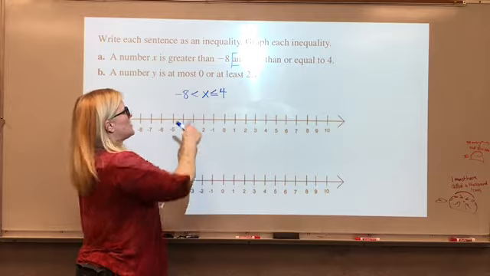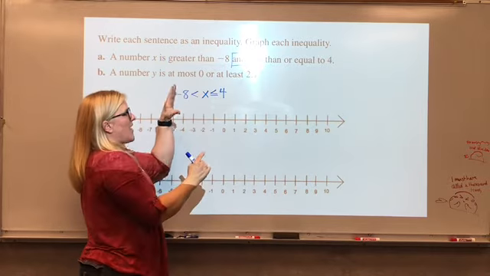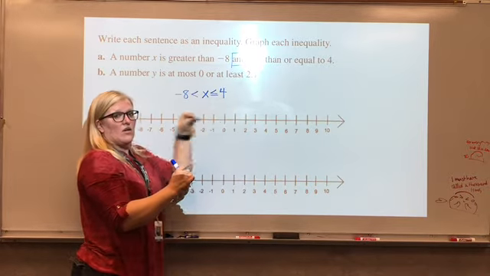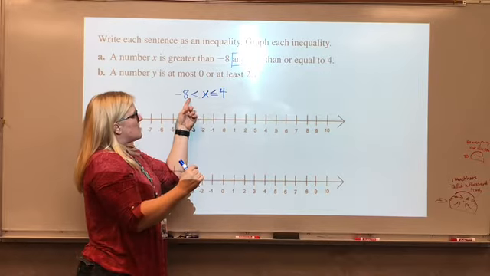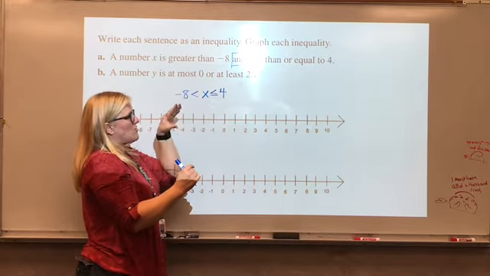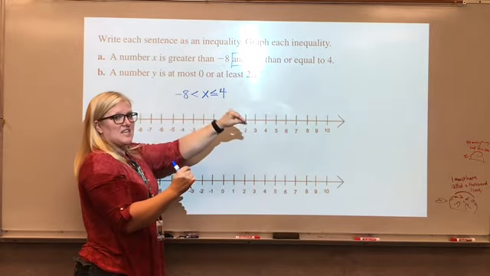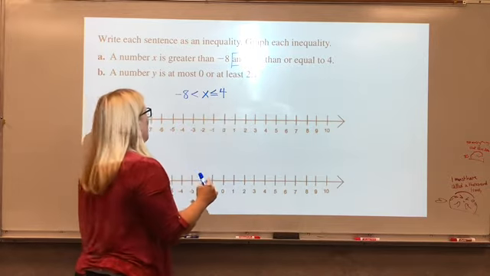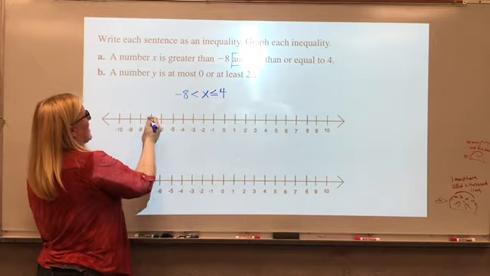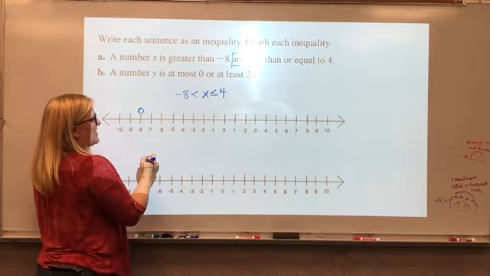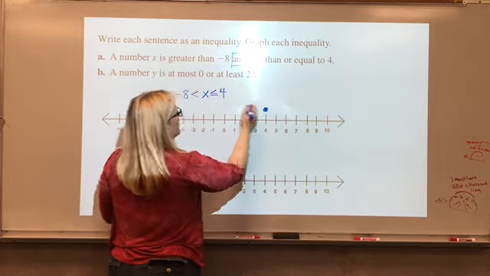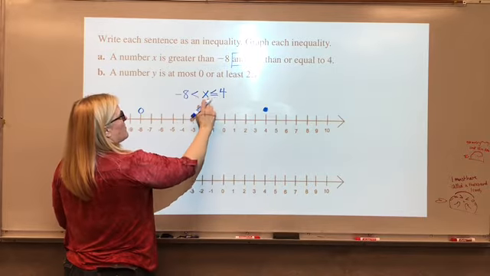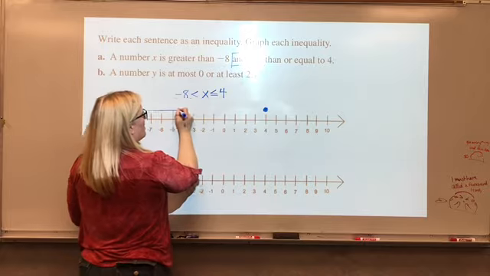So I have sandwiched it in. And look, my Pac-Man is eating whatever is bigger. So see how the 4 is bigger than -8. So the Pac-Man is going to eat this way. All right, and so when I graph this, I have an open circle on the -8, and I have a closed circle on the 4, don't I? Because of these two symbols right here.